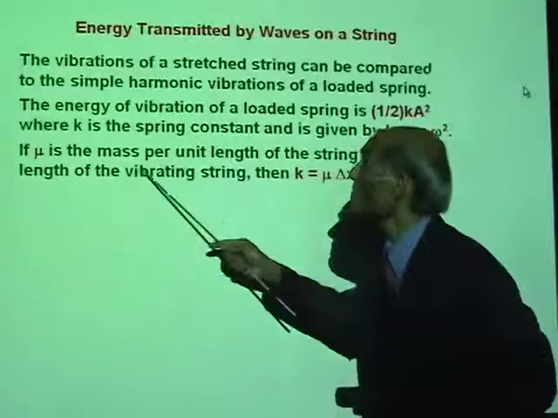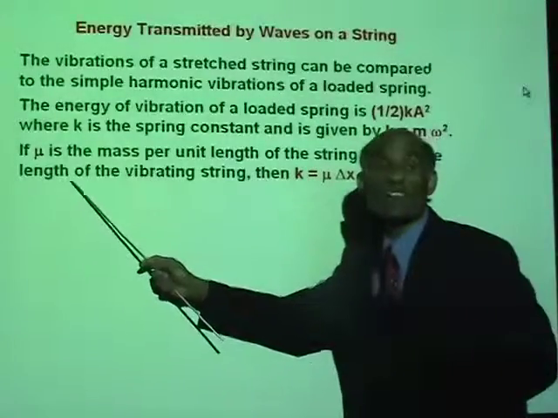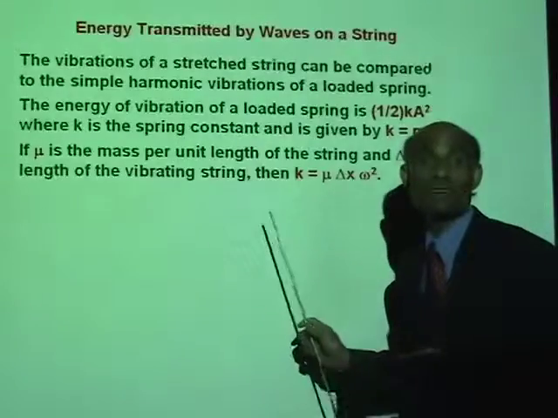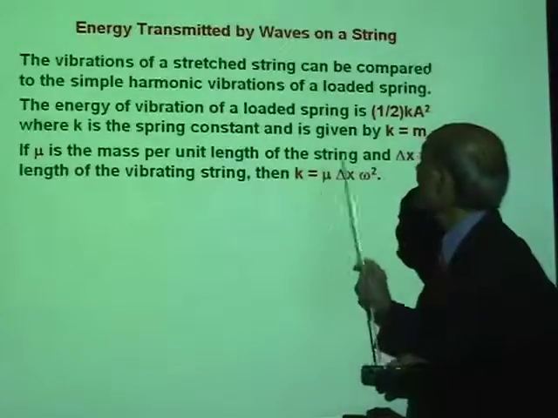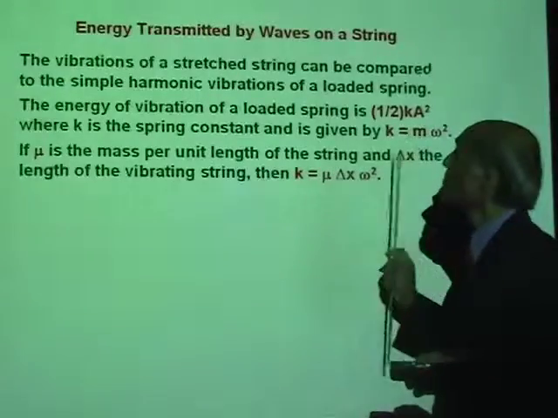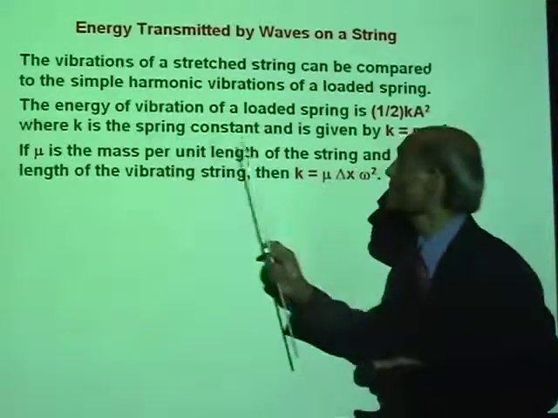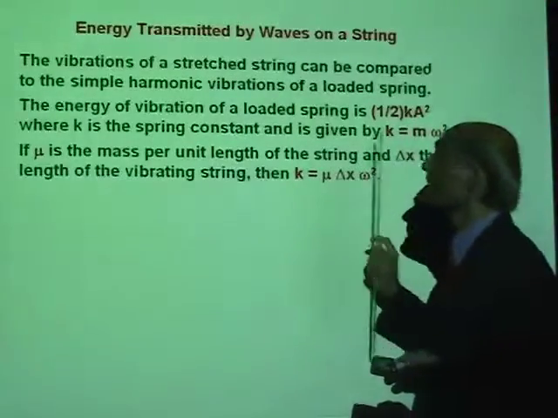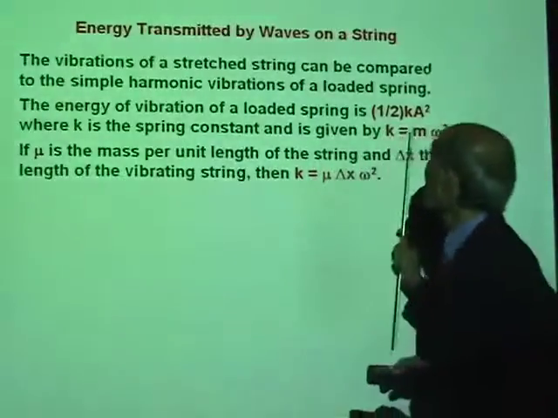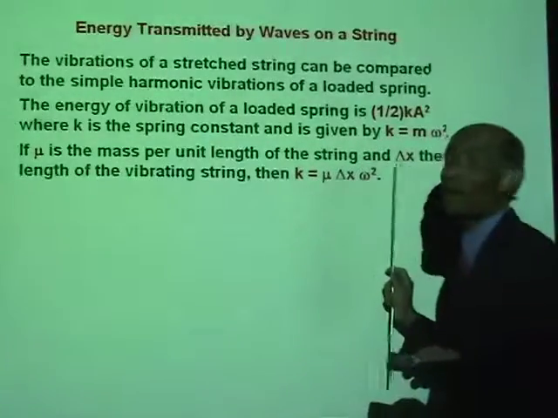If mu is the mass per unit length of the string and delta x is the length of the vibrating string, then K equal to m omega squared. What will m become? If mu is the mass per unit length and delta x is the length of the string, then mass m will be mu multiplied by delta x.